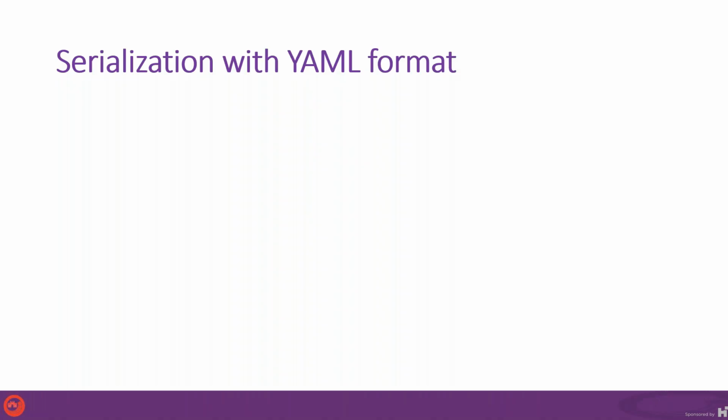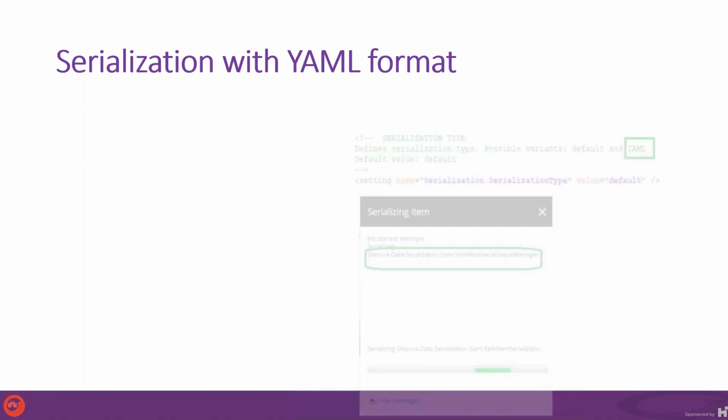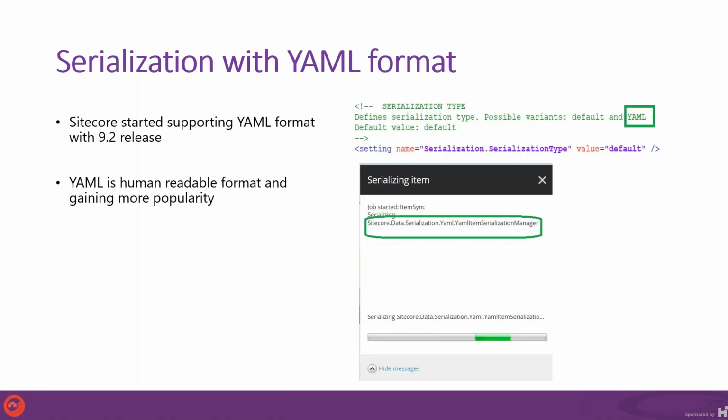What is YAML? YAML is abbreviated as yet another markup language. So why did Sitecore start supporting YAML? Because we already have a type to serialize the content items to physical files. Nowadays, major serialization processes use the YAML format.